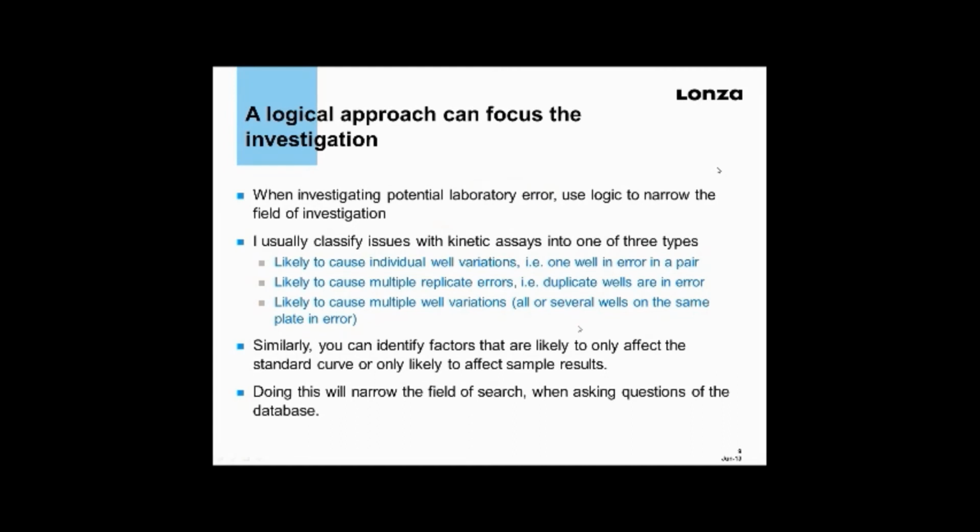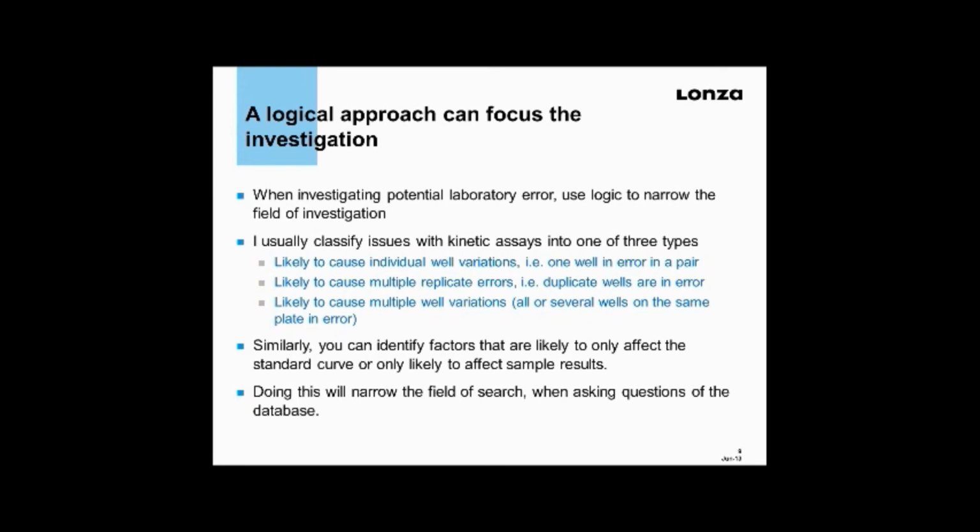An individual well variation might be caused by the failure to introduce a positive product control in one of the replicates, or it could be a spot contamination that only affects one well. Those that affect multiple or duplicate wells could be an incorrect spike concentration, or a dilution error.